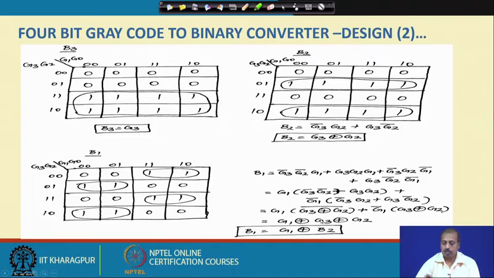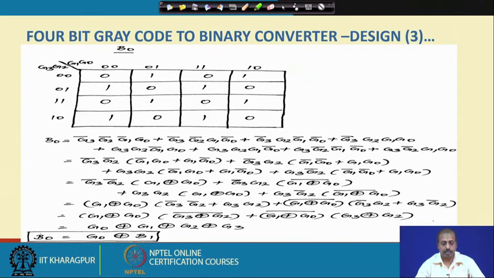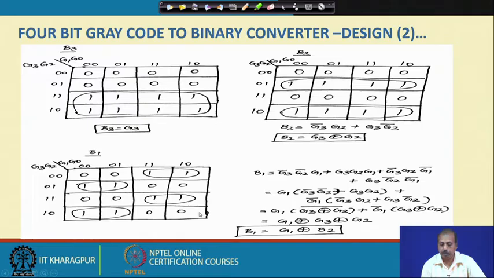This way we can get the individual bits, and this B0. So, B0 is a big expression like this, and then you can simplify, and finally, it boils down to B0 is G0 XOR B1. So, B1 is given by G1 XOR B2 and B2 is given by G3 XOR G2.